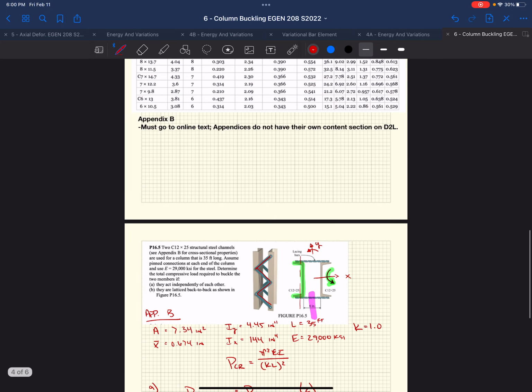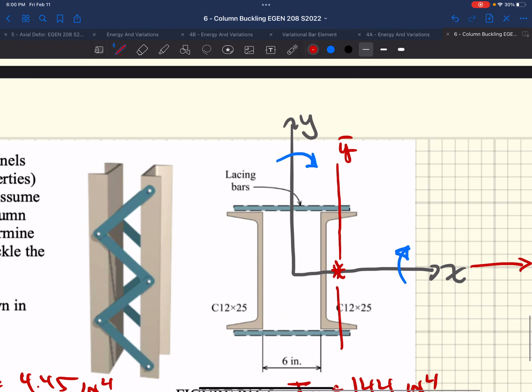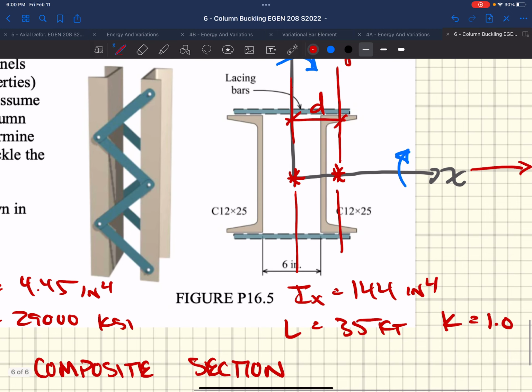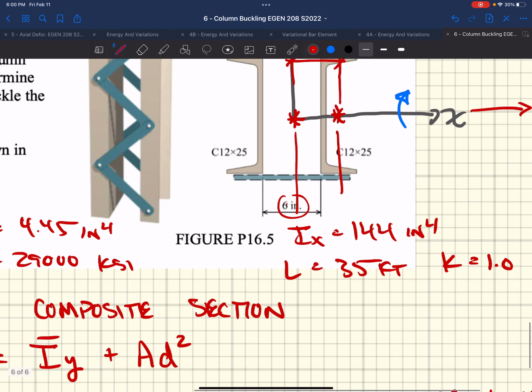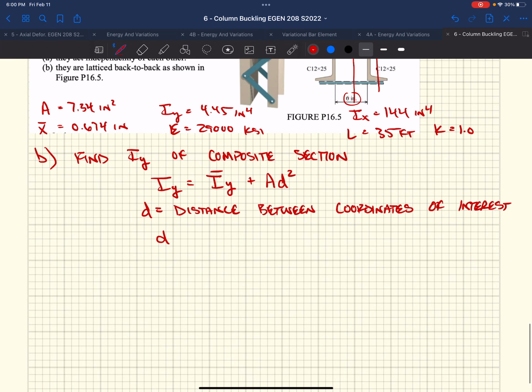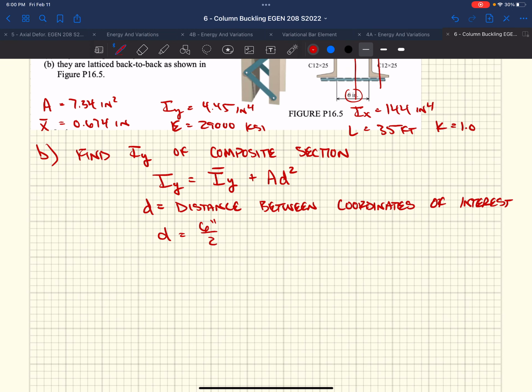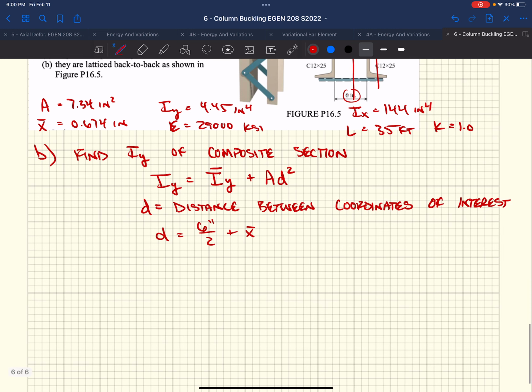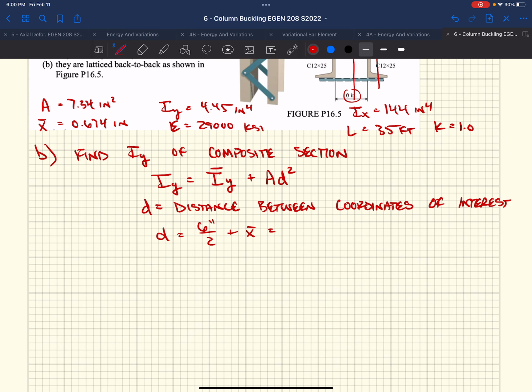Now if we are integral with one another, our new location of our centroid is right here, symmetrical. So this distance that we're moving is d. Well, we know that from the back of our channel to the back of the other channel is 6 inches. So we're going to say that distance d is 6 inches divided by 2 plus our centroidal location, x bar. Well, we end up getting 3.674 inches.